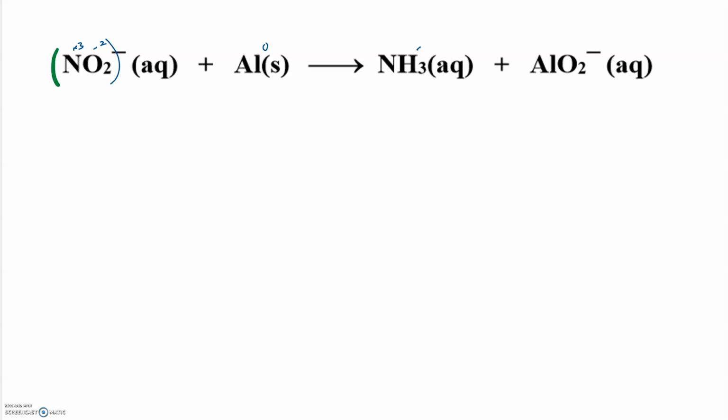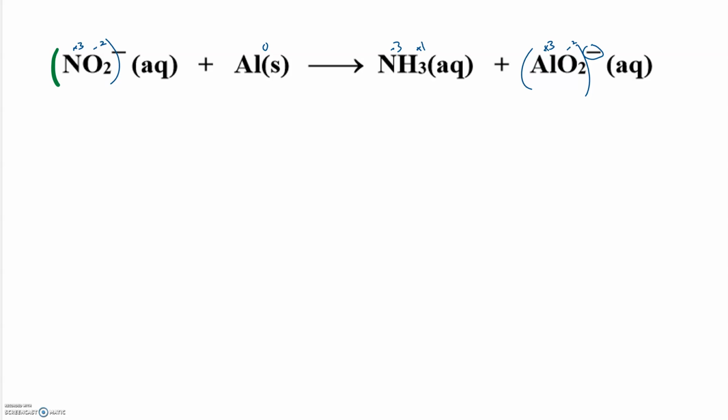Hydrogen is always +1, and there are 3 of them, so this nitrogen will have a charge of -3. And finally, here is an ion where the oxygens have a charge of -2, and since it has an overall charge of -1, we'll make this aluminum +3. So we've assigned our oxidation numbers.